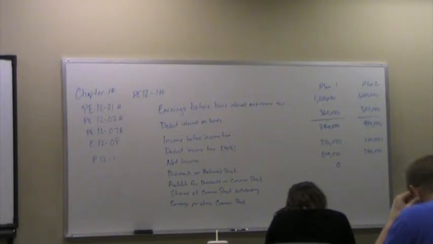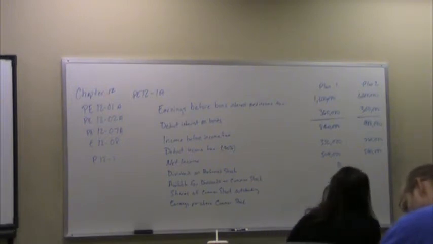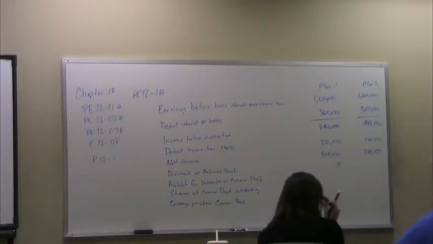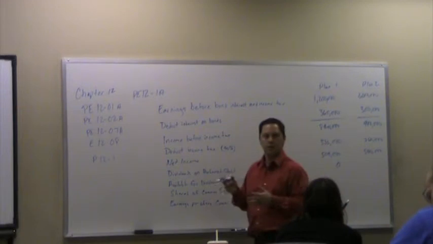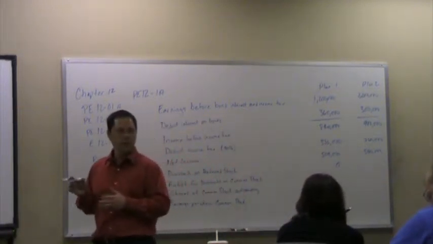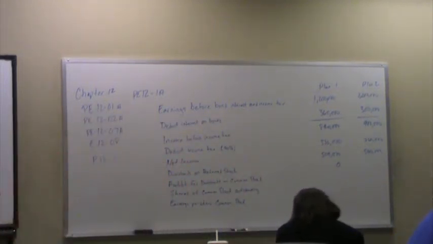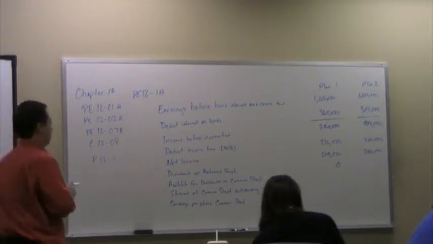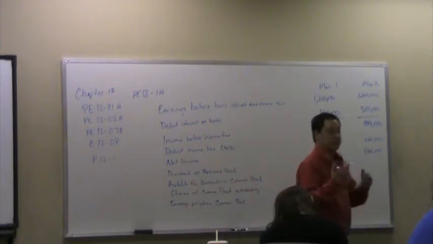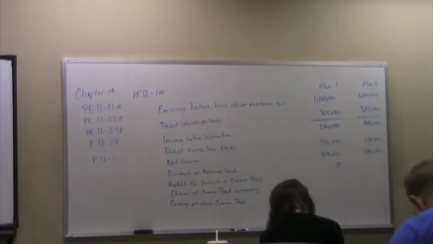To figure that out, take the $30 par and divide that into your 3 million. That will give us how many shares are out there, so that'll be 100,000.